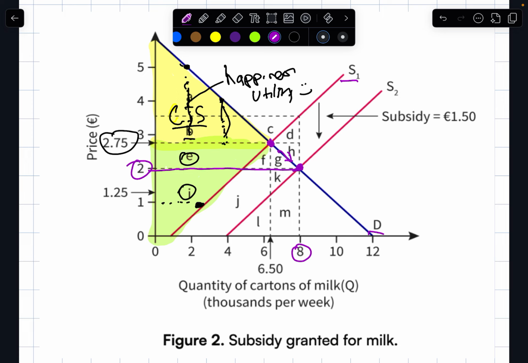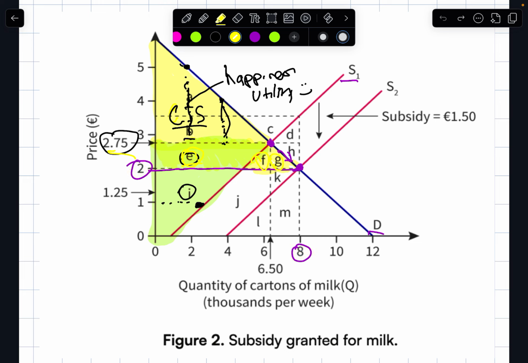So if we now look at these letters, you'll notice that E, which was not part of it earlier because it was 275, and F and G, these three areas have now joined the consumer surplus for milk because of this lower price and greater quantity. So consumer surplus has increased.